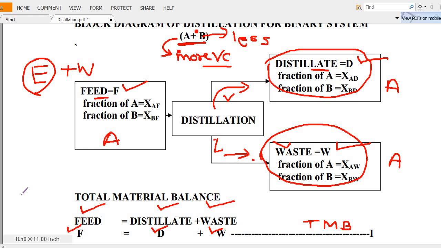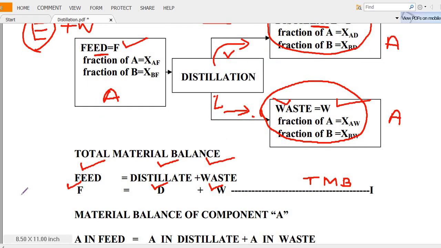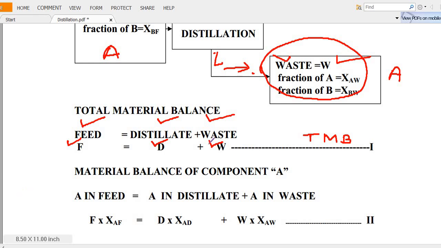So suppose 10 kg of A in the feed, in distillate plus in waste, the total amount of A must be 10 only. Okay, so now we go to the second important equation, that is called material balance of component A.